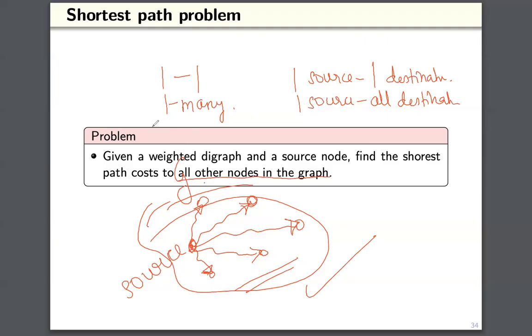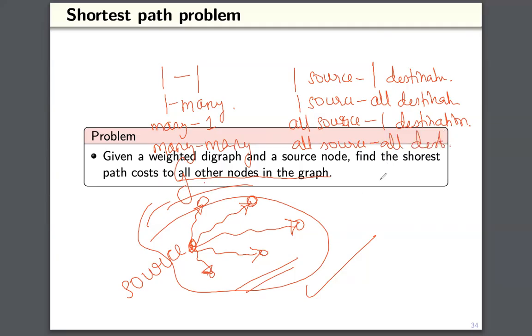And then many to one. So all nodes are the source points, right? All source points and one destination. How do you solve this? And then many to many. That means all source points and all destinations.